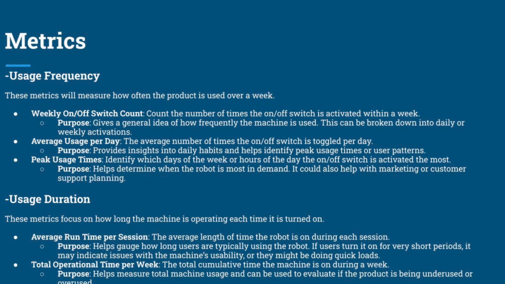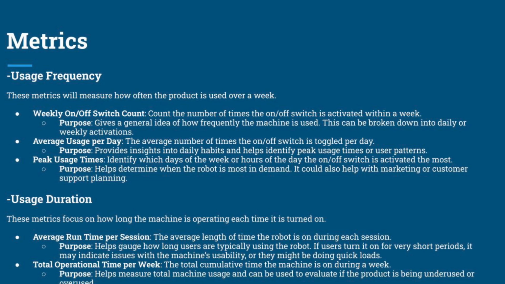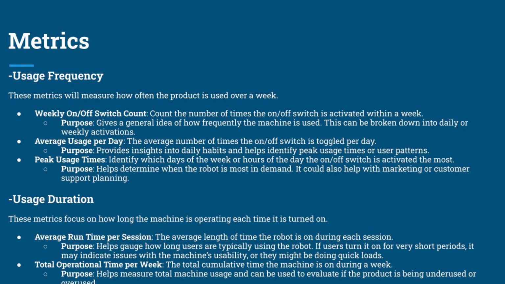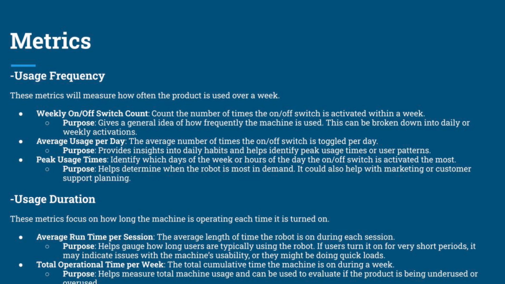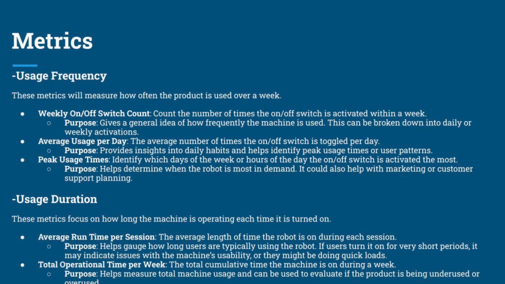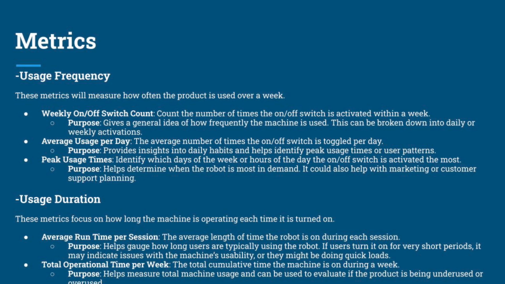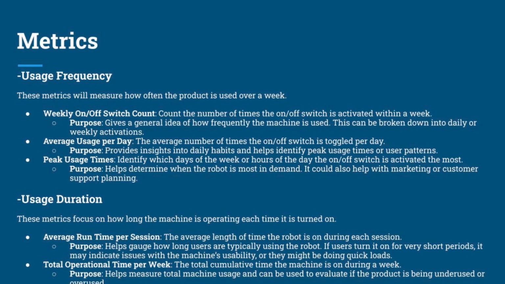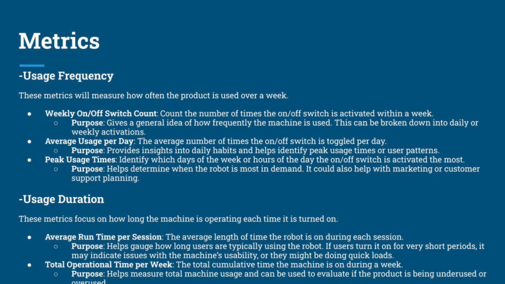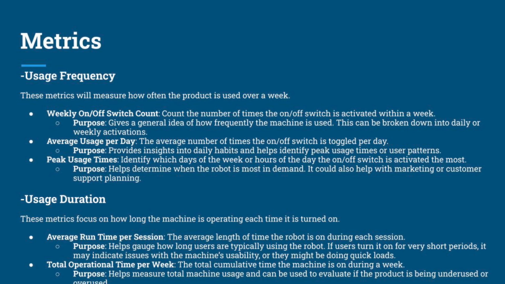Next up, we have the metrics to help us with the success of our product. One of those taken into account is the usage frequency. These metrics will help measure how often the product is used over a week. We then have the usage duration, which focuses on how long the machine is operating each time it is turned on.